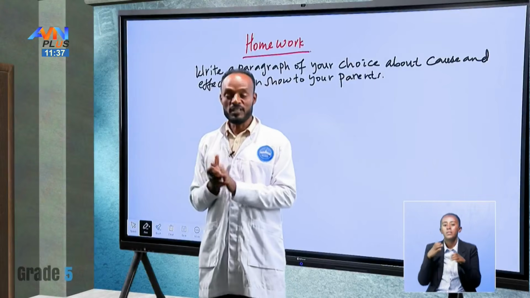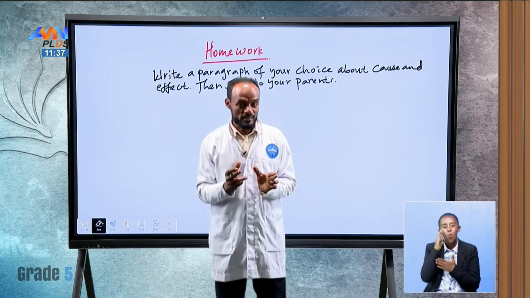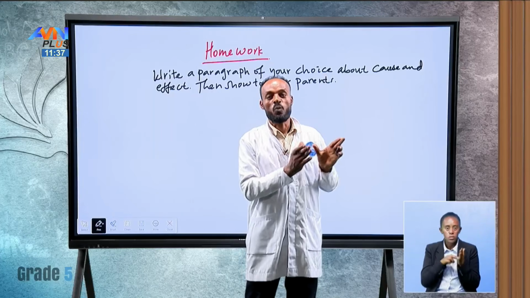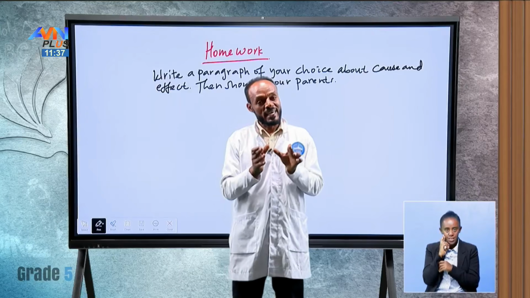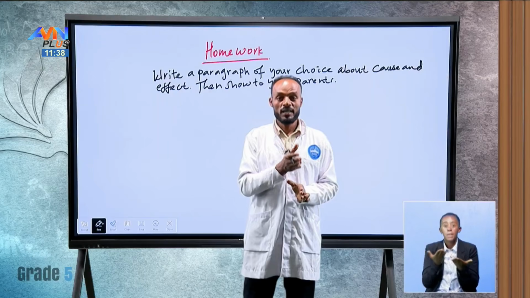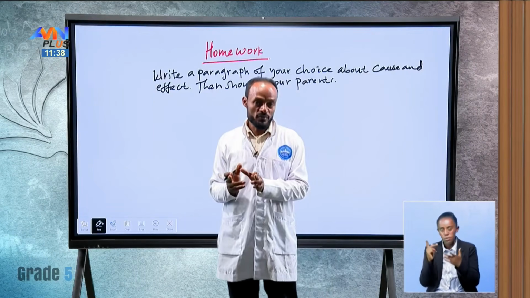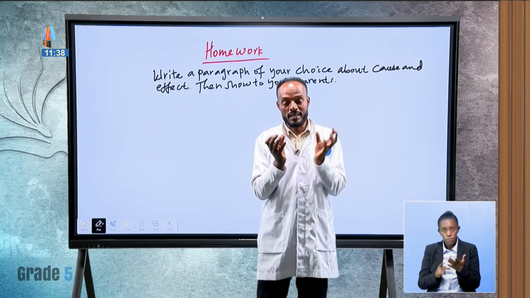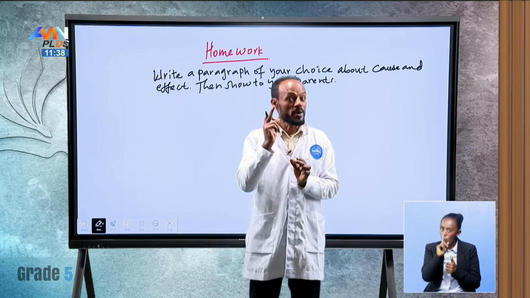Let's summarize what we have learned today. Today, we've talked about cause and effect writing. When we say cause, it means why something happens, or the reason, okay? When we say effect, we mean the result of something. Is it clear? Good. We talked about that at the sentence level and the paragraph level. A paragraph is a collection of related sentences which talk about one main idea.